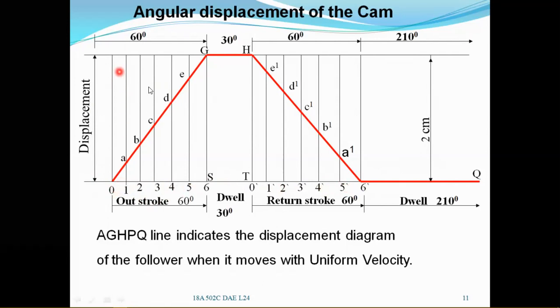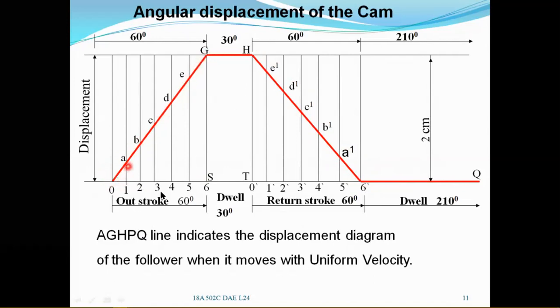And project upwards vertically, and then draw a line from A to G, which represents the uniform velocity of the cam follower, and H to P also represents the uniform velocity of the follower. Then join A, G, H, P and Q, which will represent the displacement diagram.